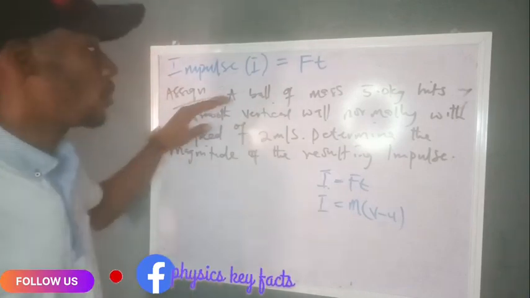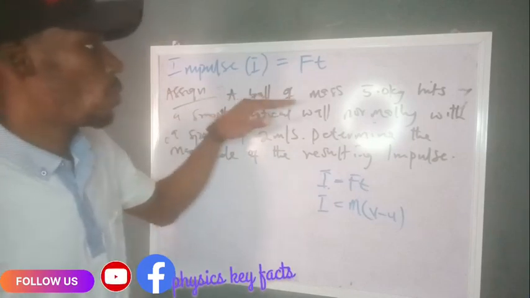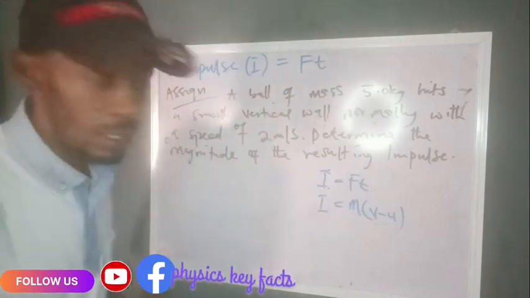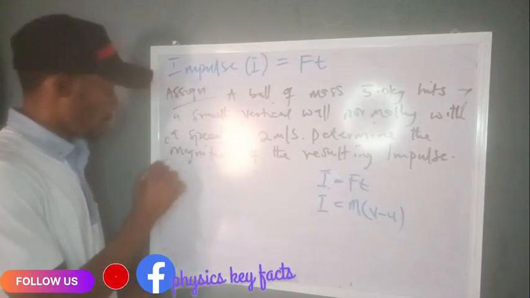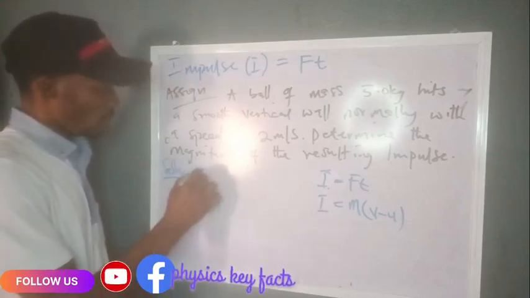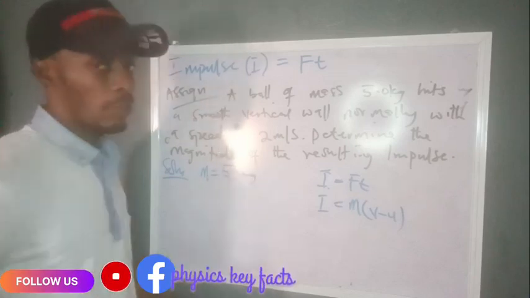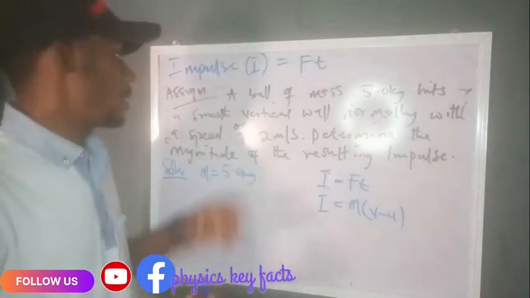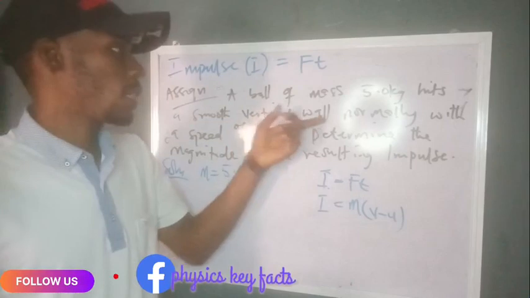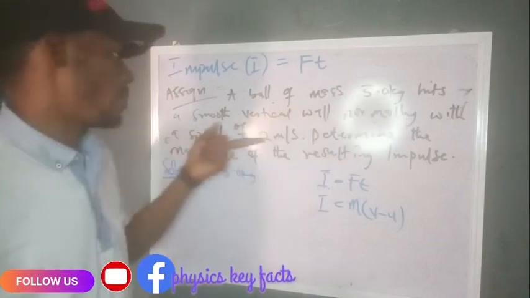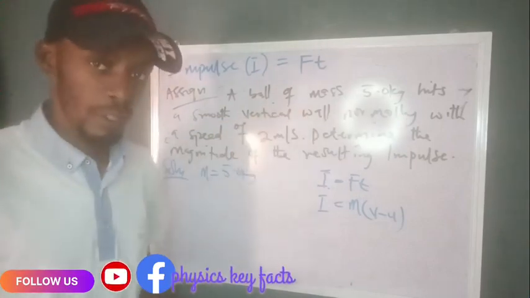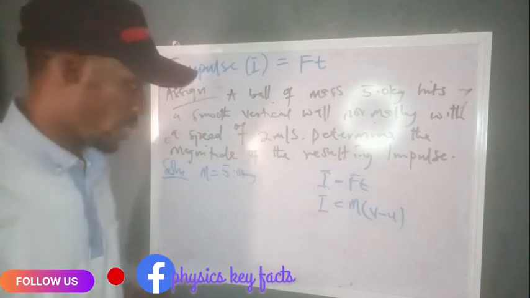We look at the question: a ball of mass, so we have a mass, m, which is 5.0 kilogram. It hits a smooth vertical wall with a speed of 2 meters per second.